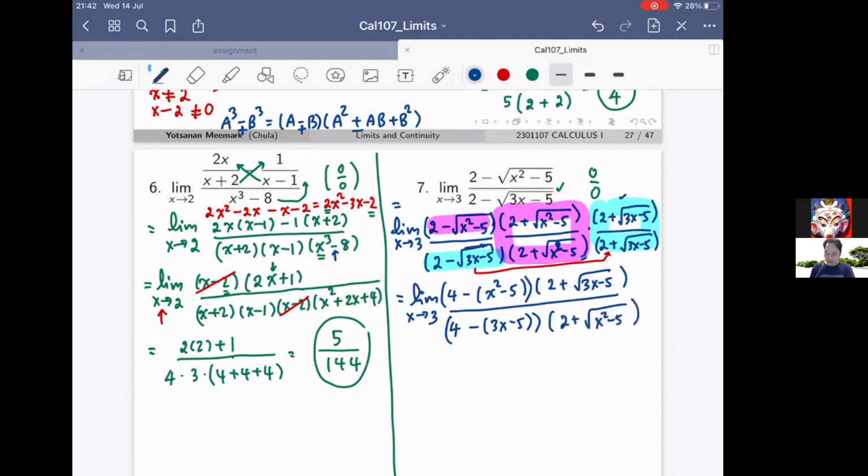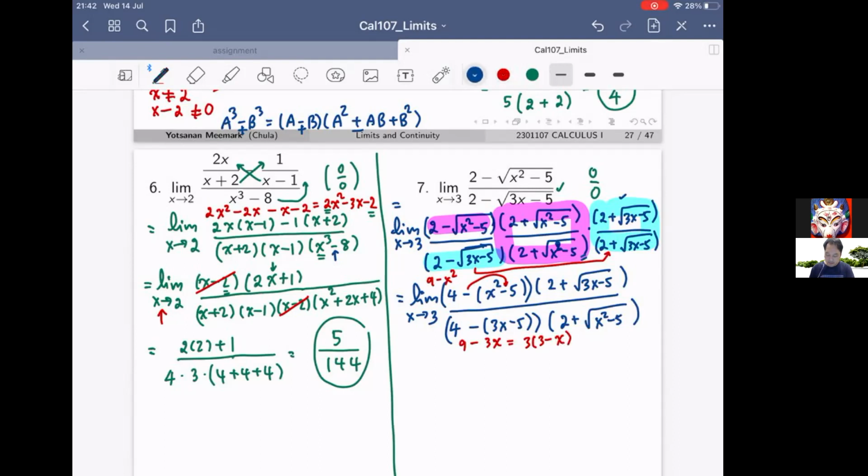So what is it here? This one here, you have what? 9, right? So you got 9 minus x squared. This one here, you also have 9 minus 3x, or it is a 3 minus x, right?